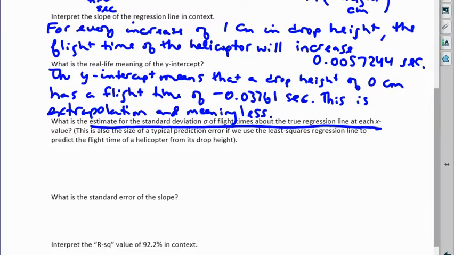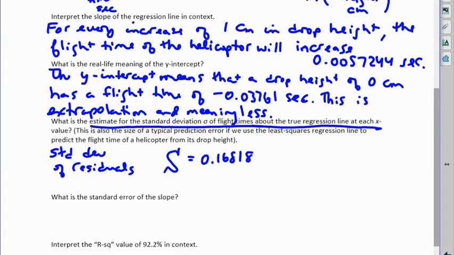So the standard deviation of the residuals is, from our output, 0.168181, and then we have to think about what units that would have.